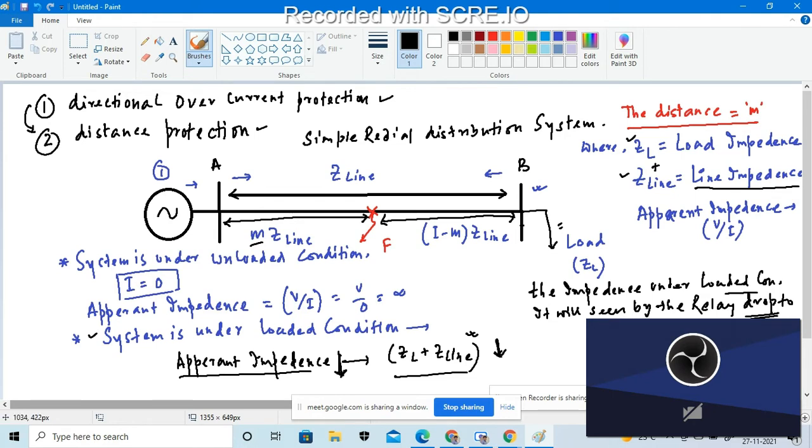What is that value? We consider it as m times Z line.